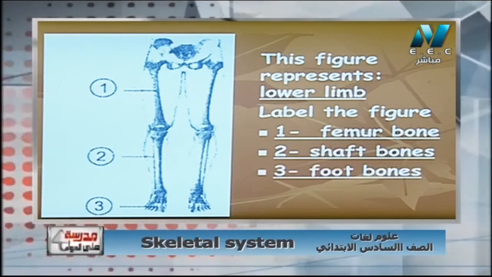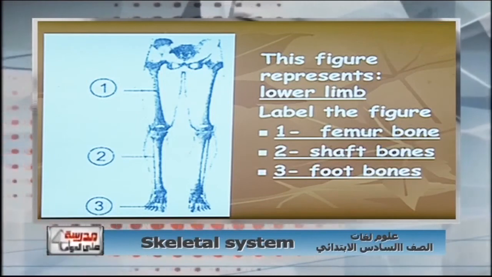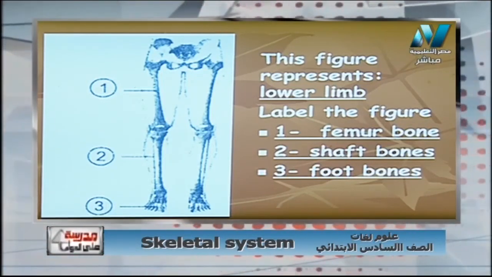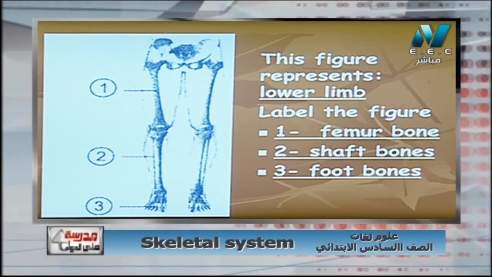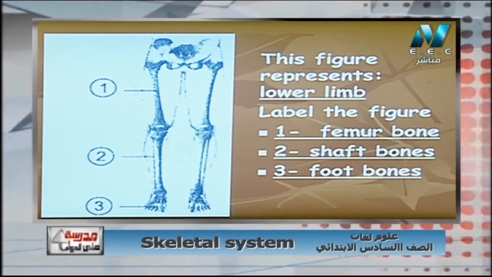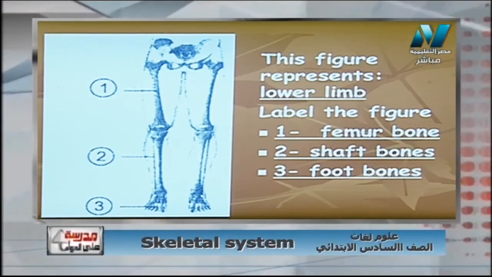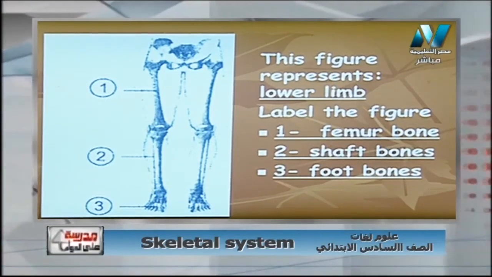Number 3 بنسميها foot bones. Again, this figure represents the lower limb and the lower limb consists of femur bone, shaft bones and at last foot bone. So again, please practice more and more in this image and the samples that we have studied today.